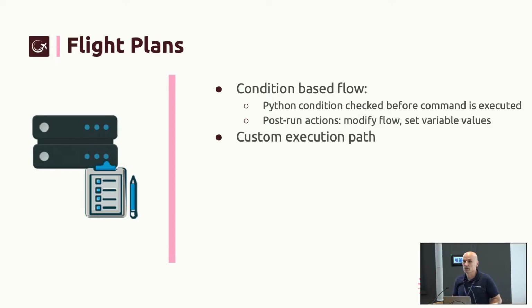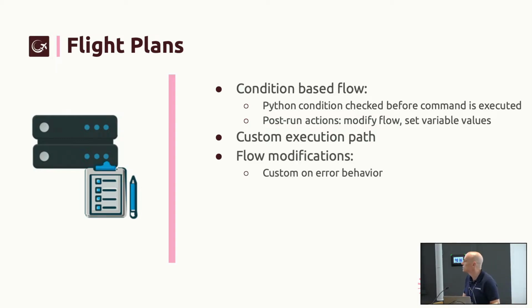Custom execution paths. You can modify the execution path of your command in the flight plan. So by default, it's, for example, executed in your home folder, but in this flight plan, it's executed in the OPT folder. And then flow modifications. The flight plans actually have custom on-your-own behavior. So if the flight plan fails, then you can do some action on that.